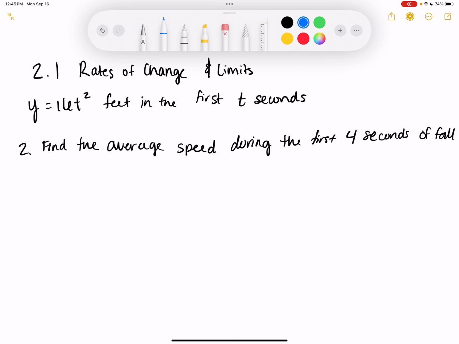So we know that y equals 16t squared, and we know that it's 4 seconds.